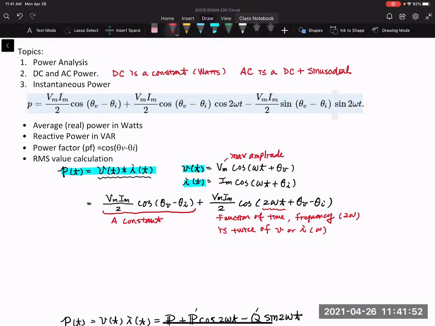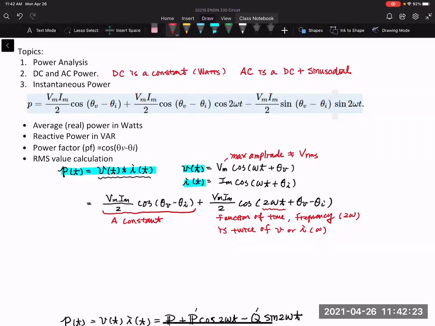So remember this, because especially for this chapter, when we talk about how you find a power, there are several different equations, depending on whether you are using the maximum value or the RMS value. Be careful when you look at the problem, sometimes they give you the maximum value, sometimes they give you the RMS value. They are not the same. So make sure that you look at what value is given.